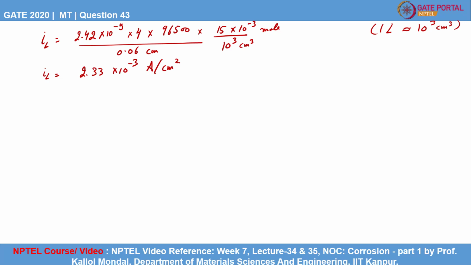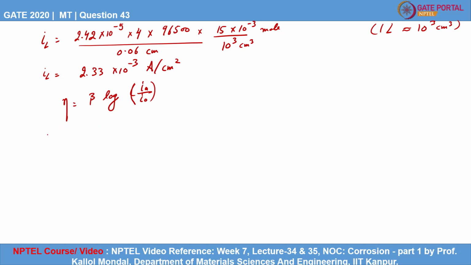So I am going to replace the exchange current density with the limiting current density to find the anodic current density. In this expression, that is overpotential is beta log of IA upon I naught, I am going to replace I naught with IL and determine the value of anodic current density.